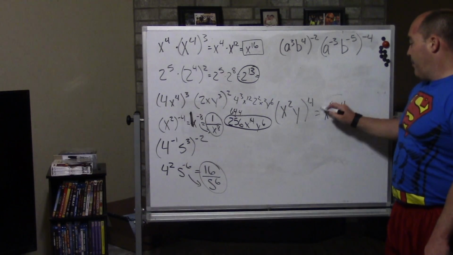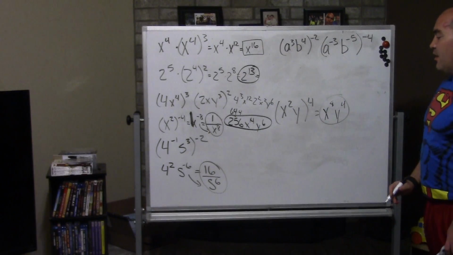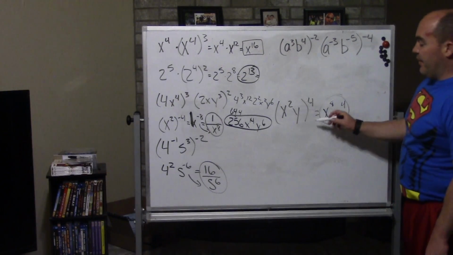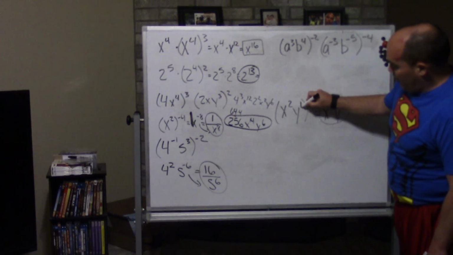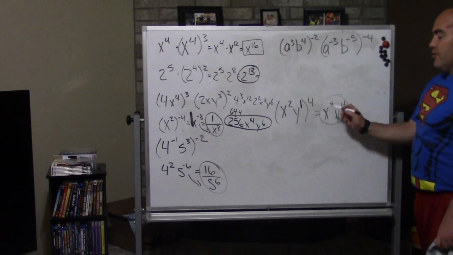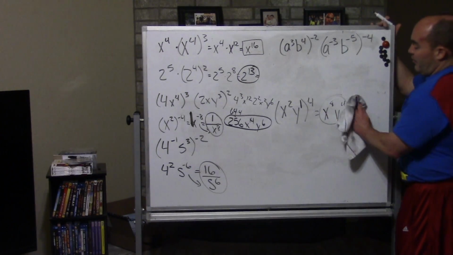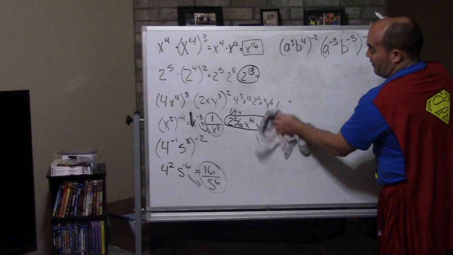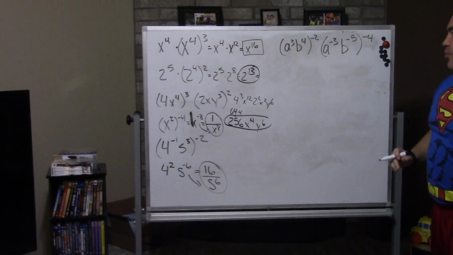So, bam! Nice and easy, pretty simple right there. Remember, if there's not an exponent, that exponent is a 1. So just 4 times 1, and that's where you get the 4 from. Alright, so let me erase that real quick, and we'll do this top one up here.